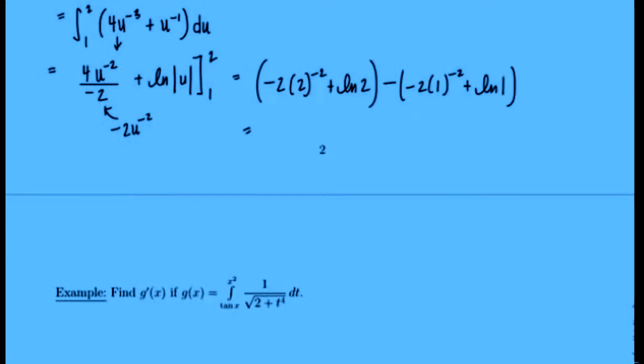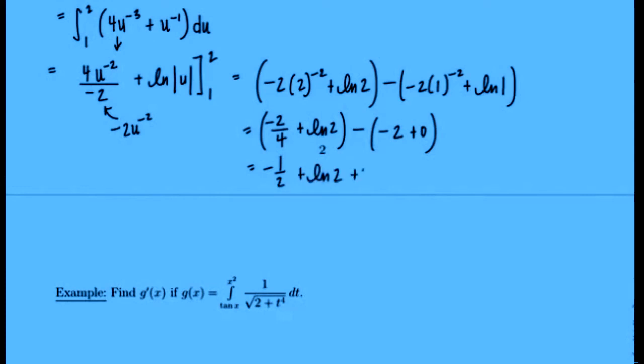So this is negative 2 over 2 squared, so negative 2 over 4, plus ln of 2. And then this is going to turn into negative 2 plus 0, right? ln of 1 is 0. So I just have negative 1/2 plus ln of 2 plus 2, which gives me 3 halves plus ln of 2.